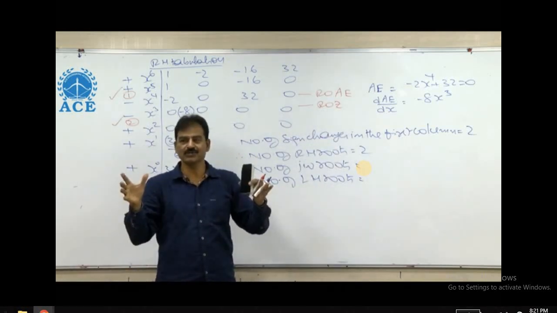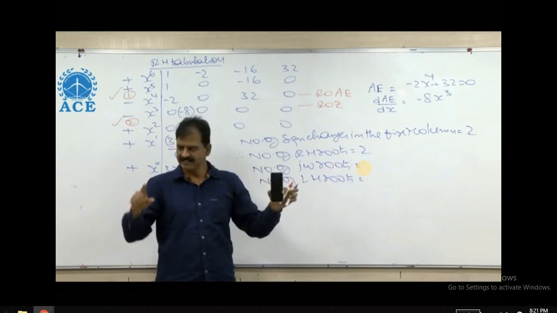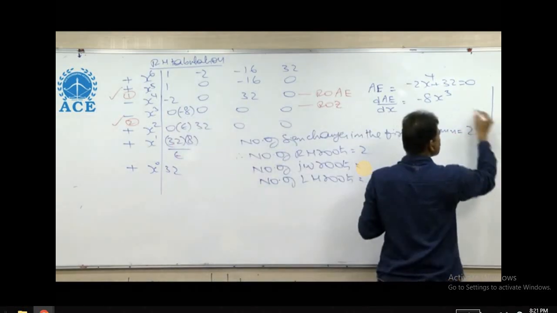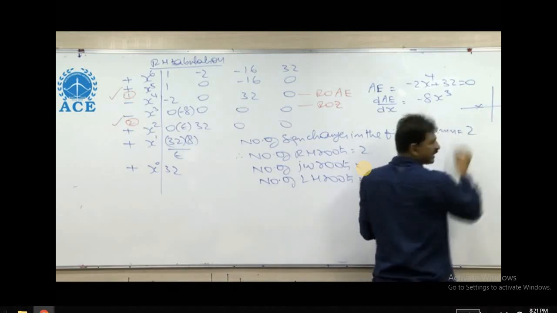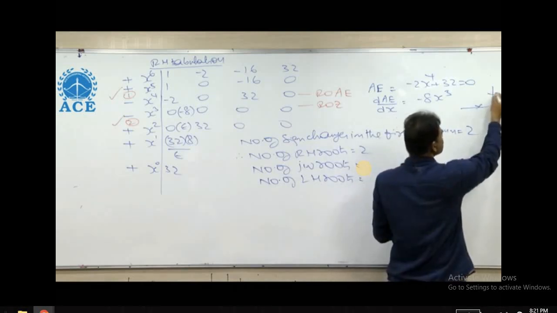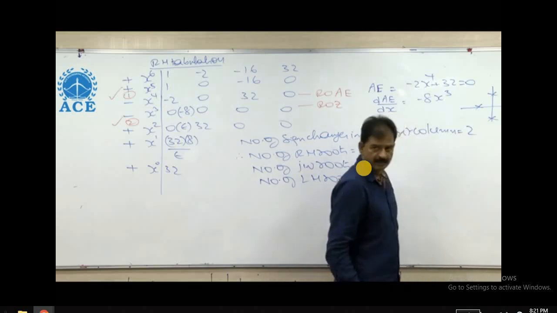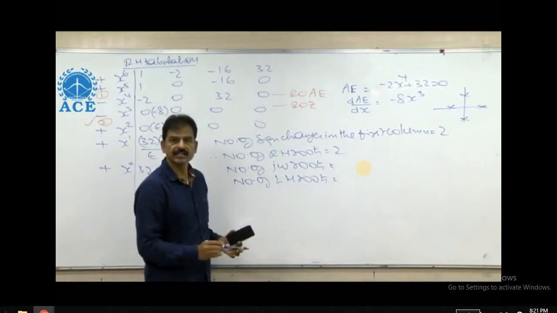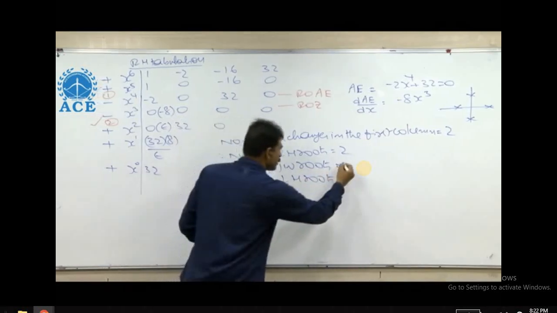Auxiliary equation roots are always symmetrical. One right-hand, one left-hand. It is a fourth order auxiliary equation. When you say one right-hand, one left-hand, definitely the remaining two lie on the imaginary axis. Therefore, the roots on the imaginary axis are 2.